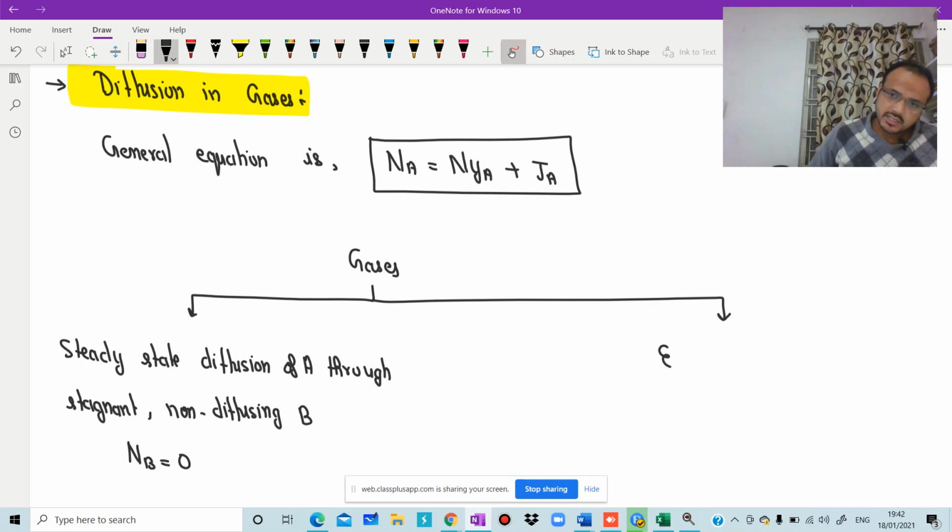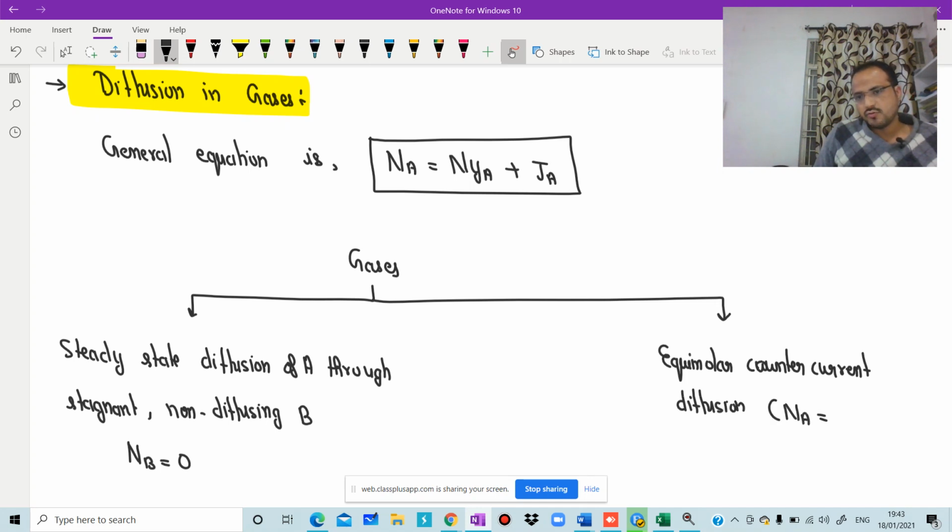The second case is equimolar counter-current diffusion, and in this case NA is equal to minus NB.